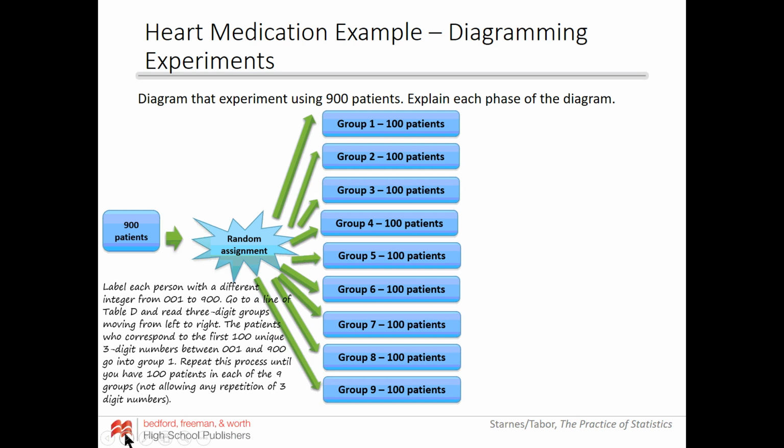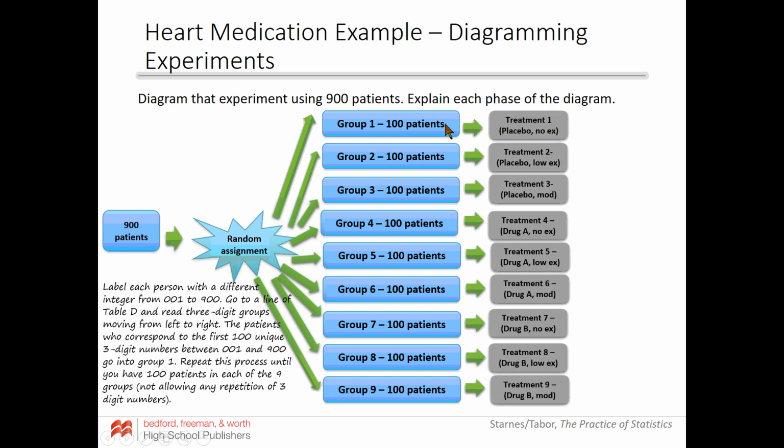Here we go, we're getting crazy. So now I'm randomly assigning these 900 people. These 900 people are coming. They're being randomly assigned into these 9 groups. Notice I'm very specific. In the beginning, I labeled that there's specifically 900 patients, 100 patients in each group, right? And then each group goes on to take a treatment, and I labeled the treatments: placebo, no exercise, placebo, low exercise, placebo, moderate exercise, drug A, right?